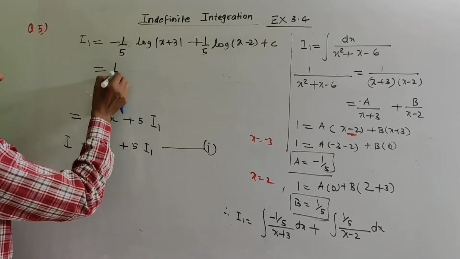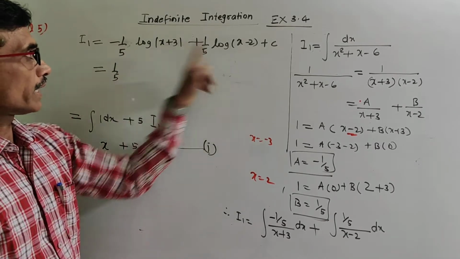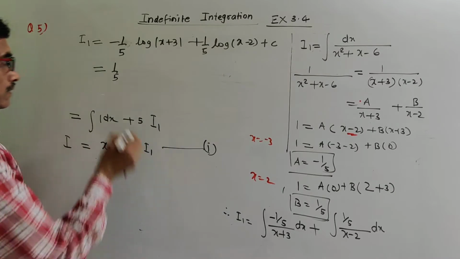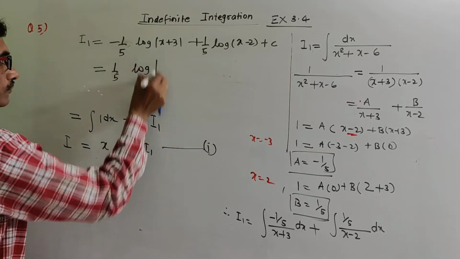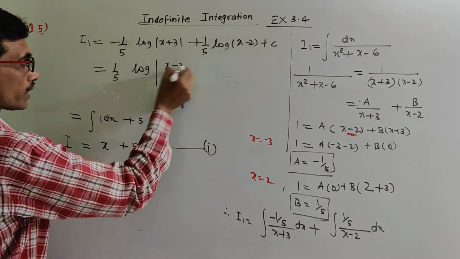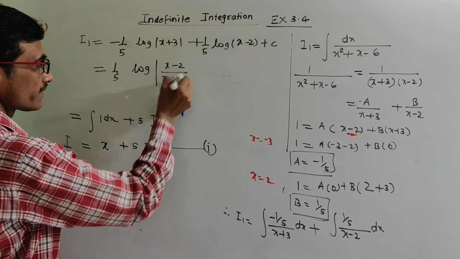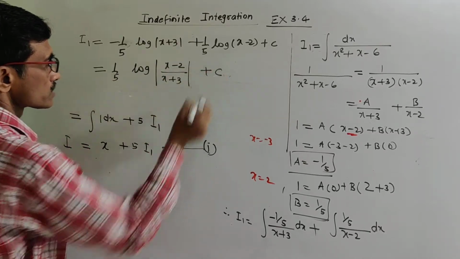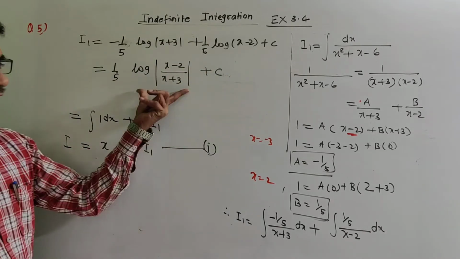So here 1 by 5 we can take outside, and log m minus log n will give us log of x minus 2 upon x plus 3 plus c. This is our I1.